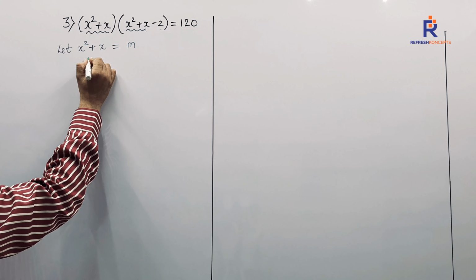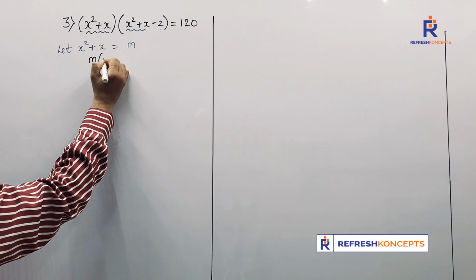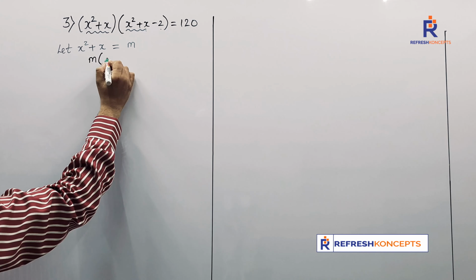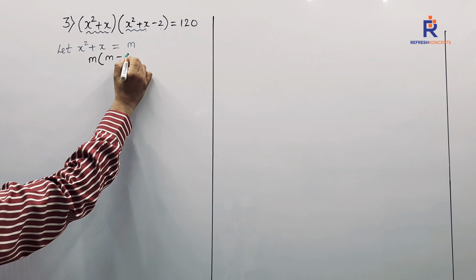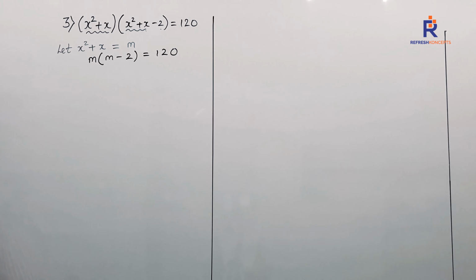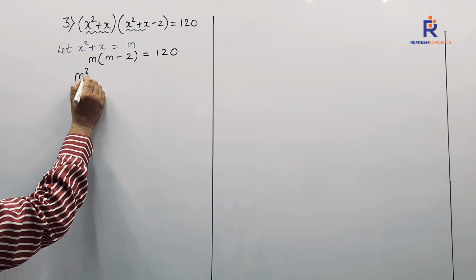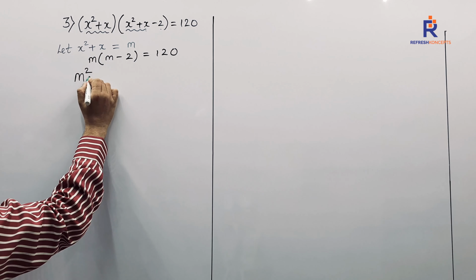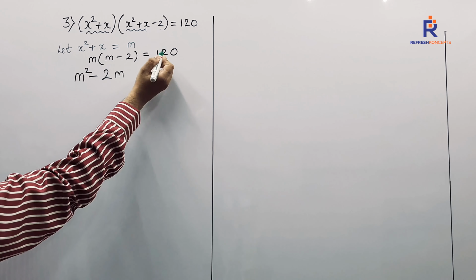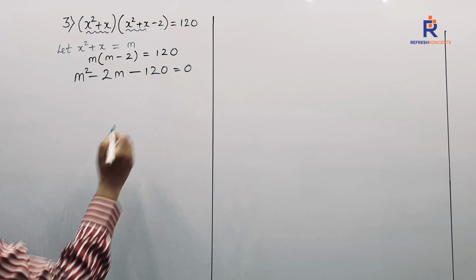So the first bracket will turn out to be as m into x square plus x will be written out as m minus 2 is equals to 120. Open down. M into m, m square. M into minus 2, minus 2m. Bring this over here, minus 120 equals to 0.